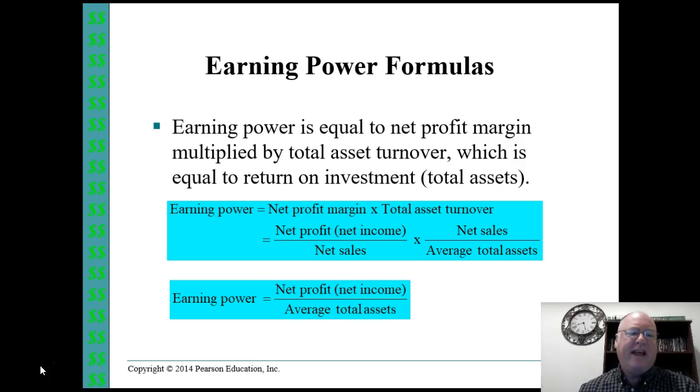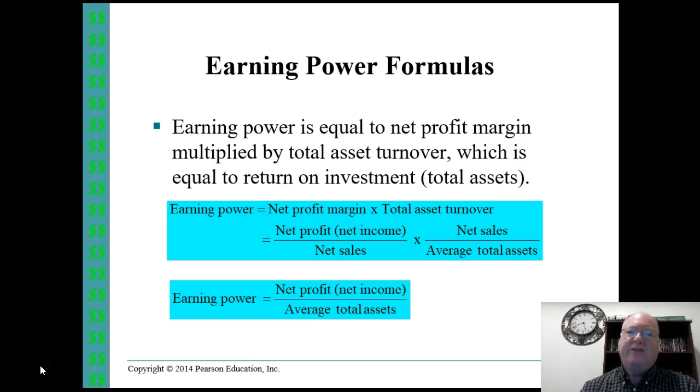So if it costs me $5 to make the cake and I'm selling it for $15, I have an operating margin of $10 per cake.